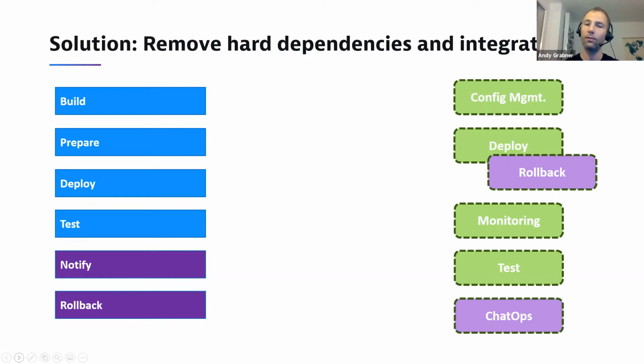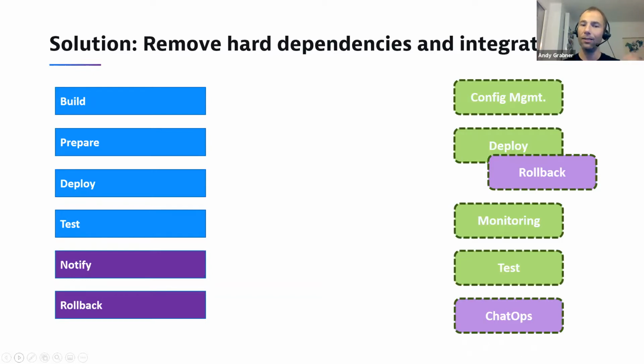And on the other side, you have different capabilities that can do a certain thing along that process, whether this is change management, deploying, monitoring, testing, GitOps. On the left side of the screen, your process definition with your individual process steps. On the right side, your capabilities that can do one or more of these actions.